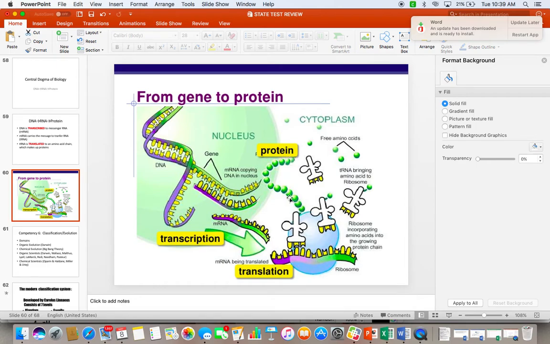Proteins are polymers of amino acids, okay? So that means that all these little green circles have to be put together in the correct order to make this protein, and the tRNAs do that for us, okay? So in here, what we've got going on is transcription, and out here is translation, okay?